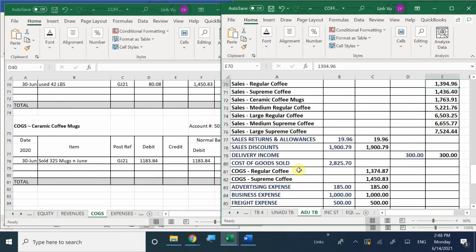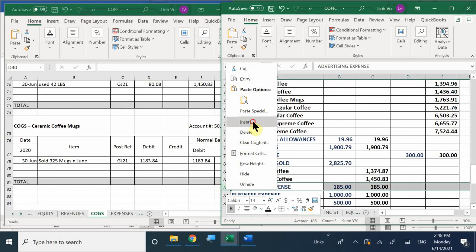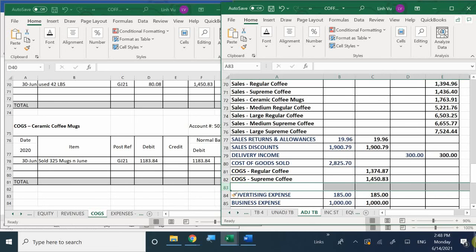So therefore, we need to add another account in here to represent the cost of goods sold for my ceramic coffee mugs. So COGS, ceramic coffee mugs, okay? In this case, how much was my total coffee mugs that I sold? 1183.83.